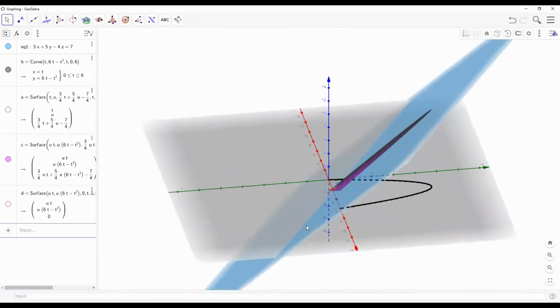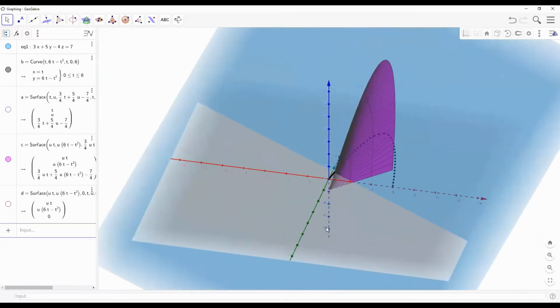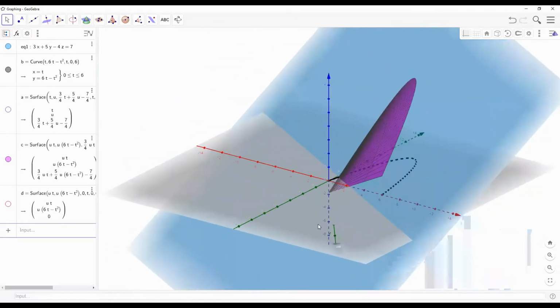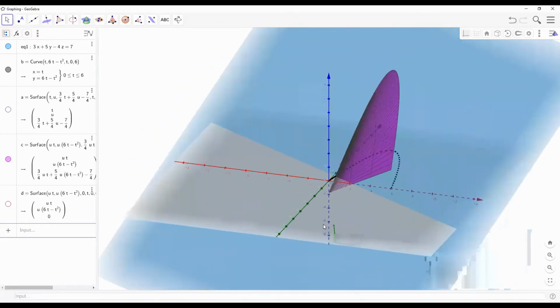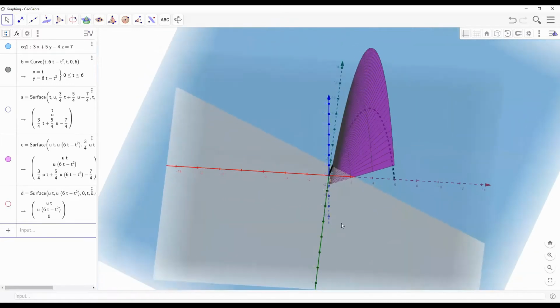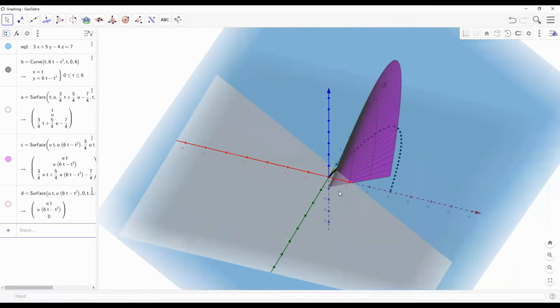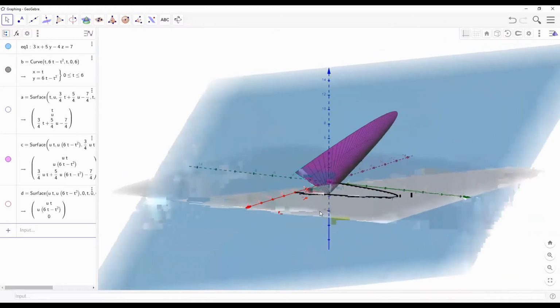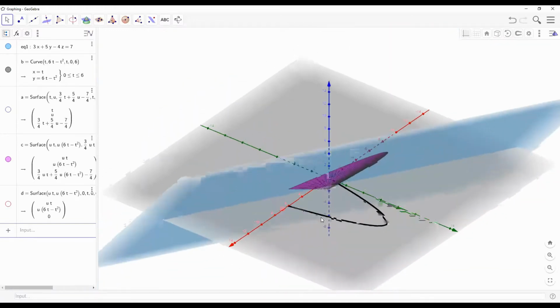So what we're actually finding the surface area of there is that skewed parabolic looking shape on the actual surface of the plane. And yes, some of it's below, but that's okay. We're dealing in lengths and areas here. So it will come out to be a positive number still. So we're actually finding the surface area for that shape right there.